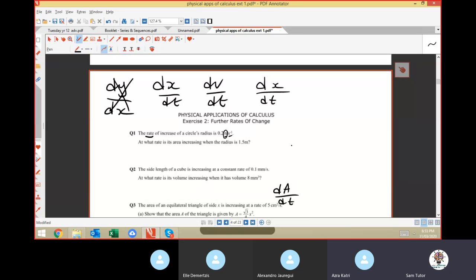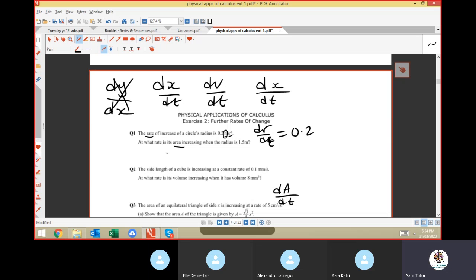Okay, so it says the rate of increase of a circle's radius. So straight away, I'm already thinking dr on dt is equal to 0.2. Did you know that before we started this? Sort of. So you kind of knew that's how you read them, okay? Fair enough. And then at what rate is its area increasing when the radius?